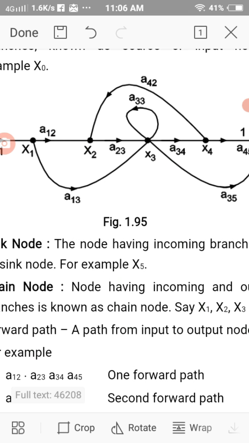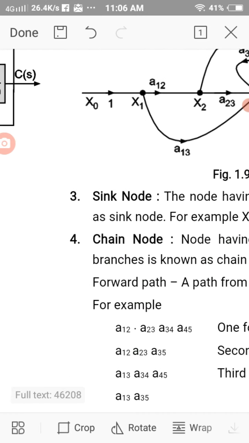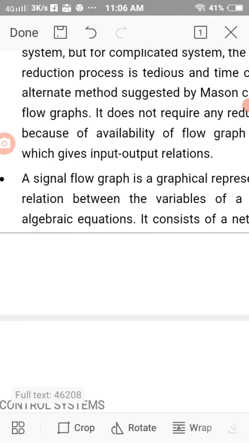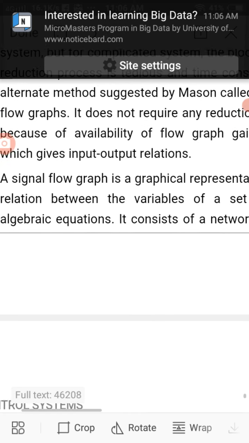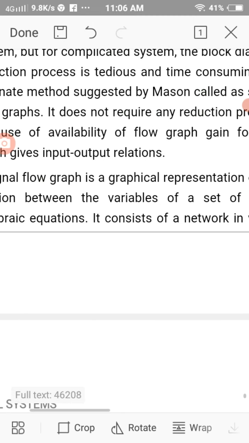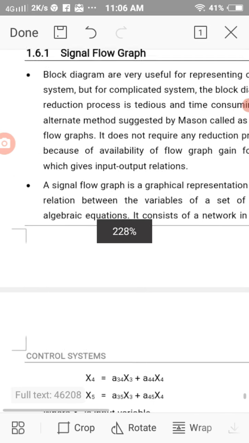A13 is a forward direction path, A23 is a forward direction path, A42 is a reverse direction path, A33 is a reverse direction path, and so on. So a signal flow graph is a graphical representation of the relation between variables of a set of algebraic equations.